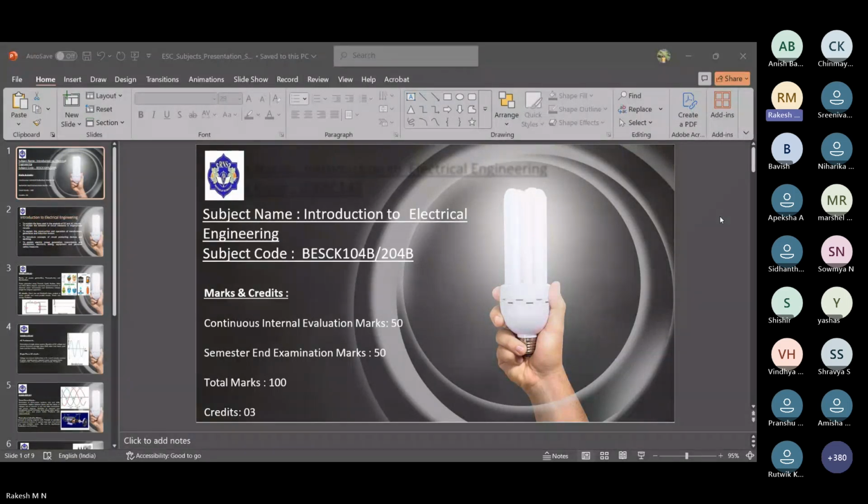And total for declaring the credit, it will be summed up to 100 marks, and it is a 3 credit course, as all the ESC courses are 3 credit courses. And coming to the subject, let me start with the presentation.